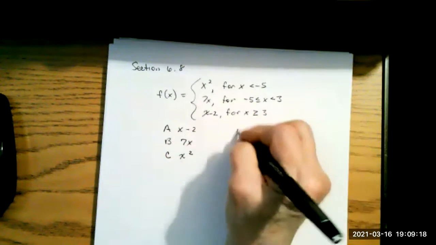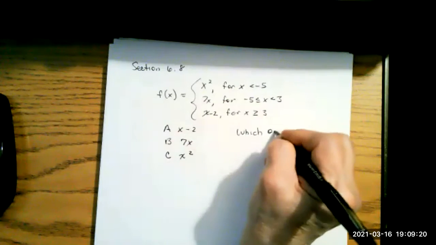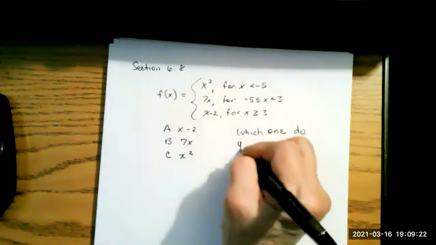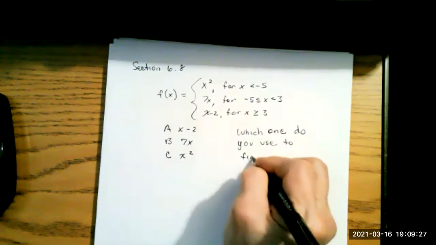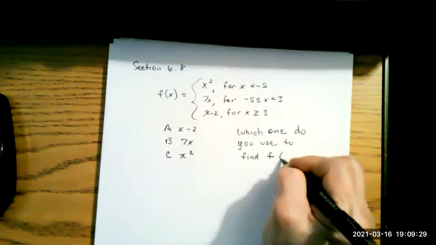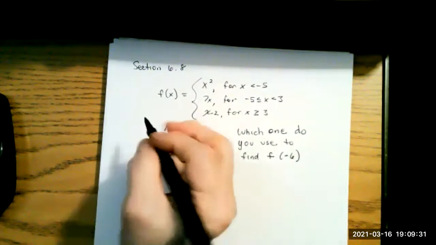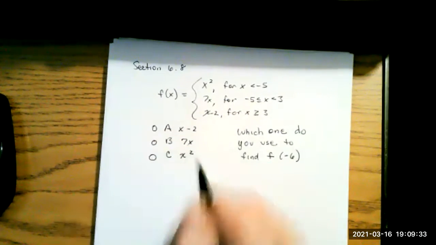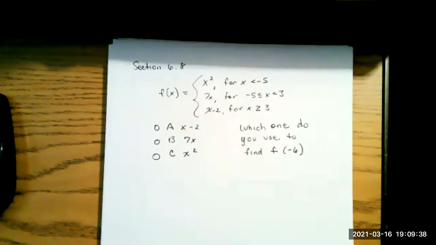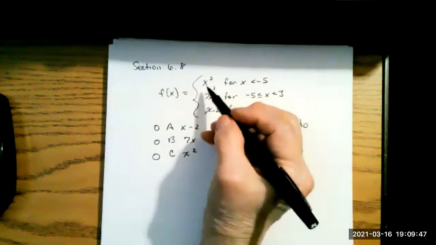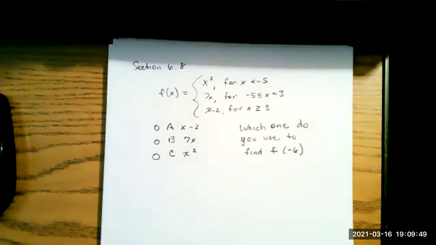And it says, which one do you use to find f of -6? Do you use this one, or this one? So which one of those would be the area where I would find -6? Anybody know? Is it going to be the x squared, the 7x, or the x minus 2?